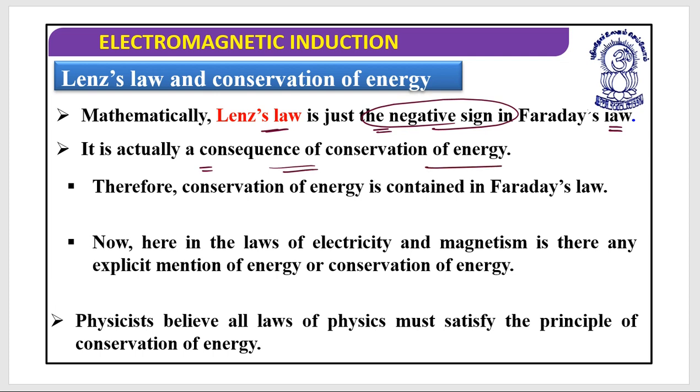Therefore we can say that conservation of energy is contained in Faraday's law as well. Now, in the laws of electricity and magnetism, is there any explicit mention of energy or conservation of energy? All physicists believe that all laws of physics must satisfy the principle of conservation of energy.